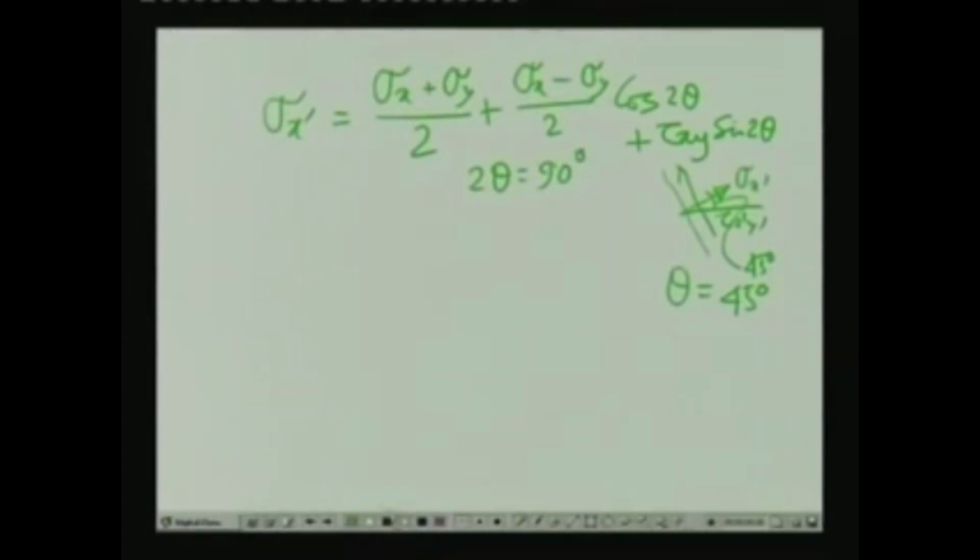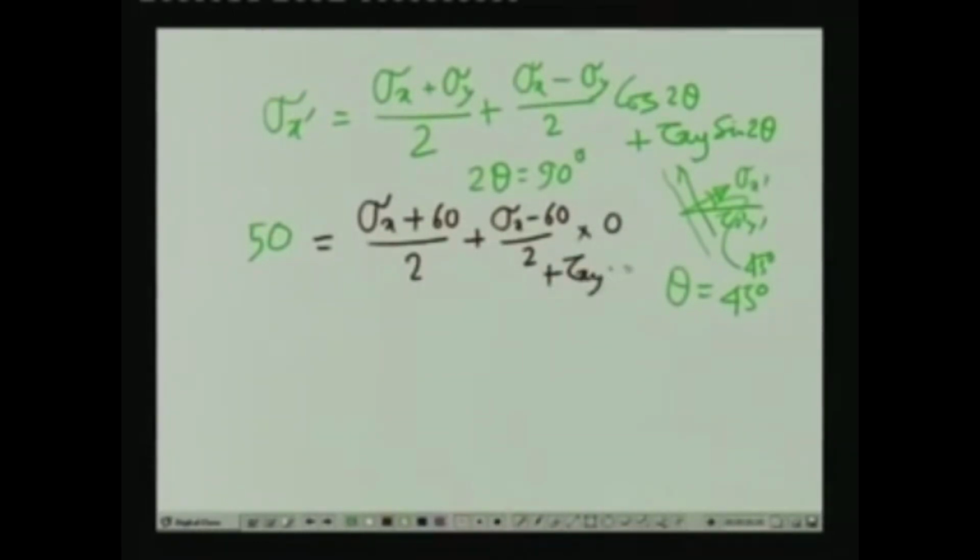So, 50 is equal to sigma x plus sigma y by 2, and sigma y is 60. So, sigma x plus 60 by 2 plus sigma x minus 60 by 2 times cos of 90, which is 0, plus tau xy sin of 90, which is 1.